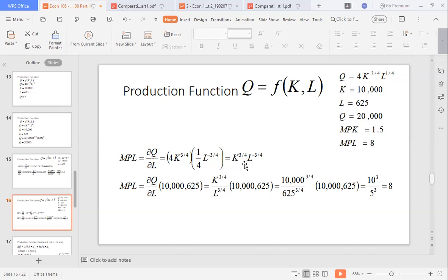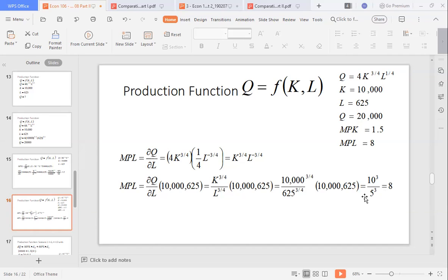Then the next thing that we did was we also put this one in the denominator just to have a positive exponent. And we also wrote down the initial units for capital and labor, which is 10,000 and 625.